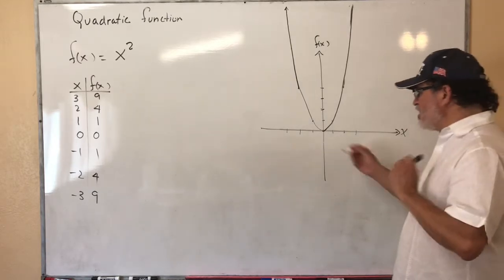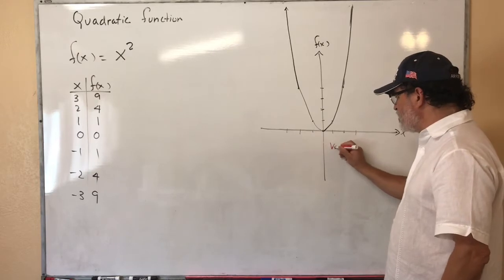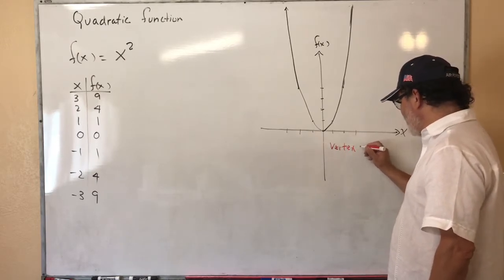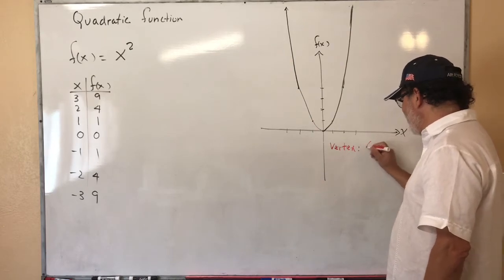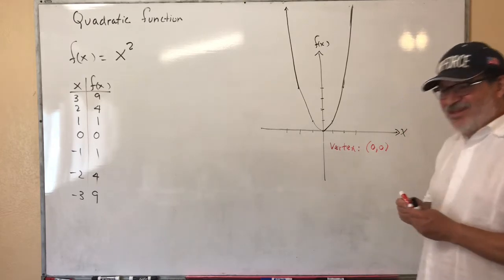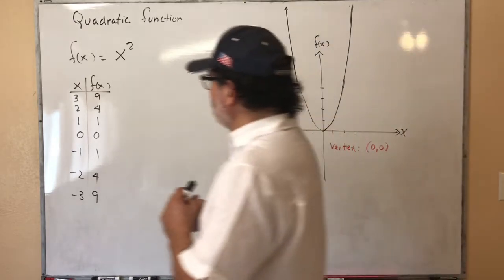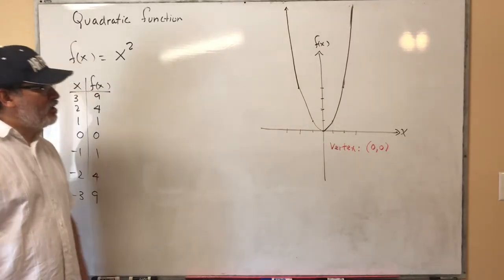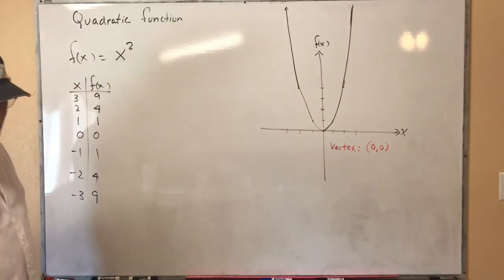In this case, the vertex is 0, 0. That's the vertex. Okay? And so, the basic parabola.